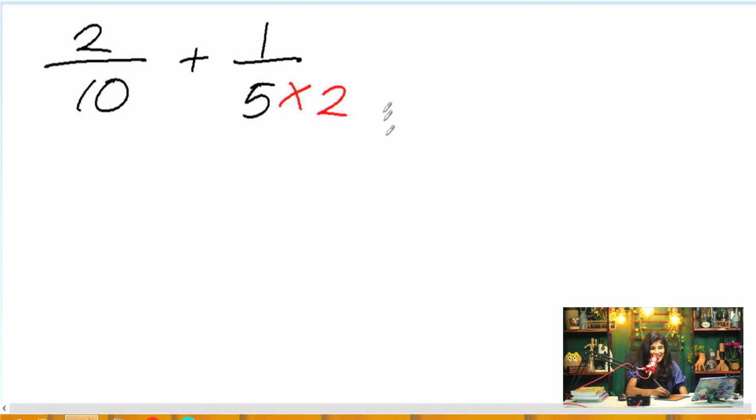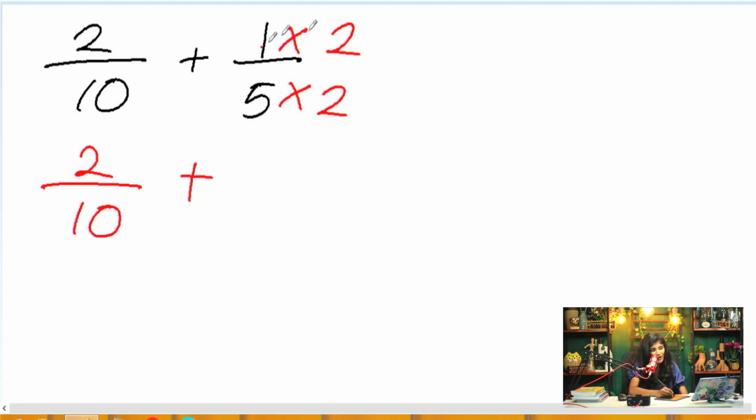So I have to multiply the numerator also by 2. Here I have 2 over 10 already, plus 1 times 2 is 2, 5 times 2 is, yes, 10. Now we have the common denominator.